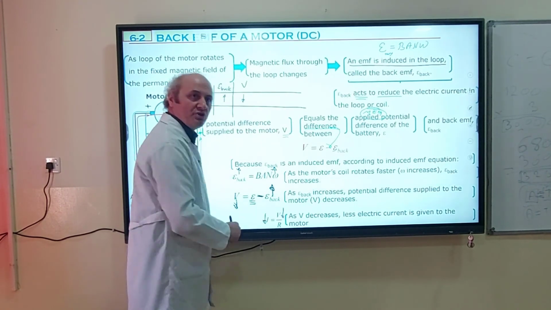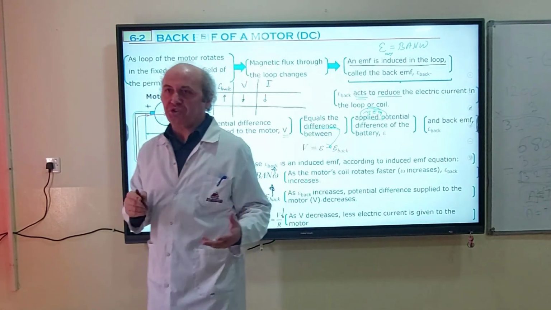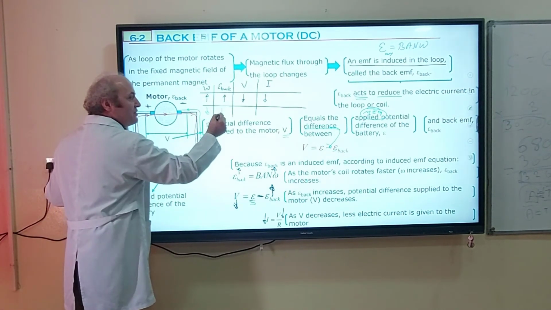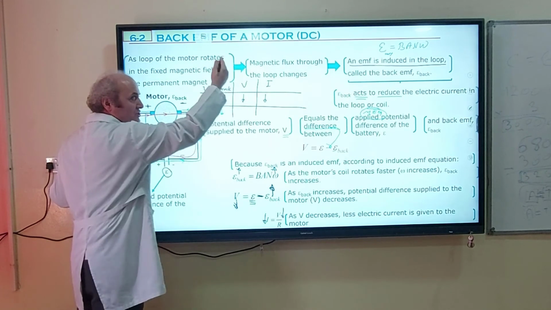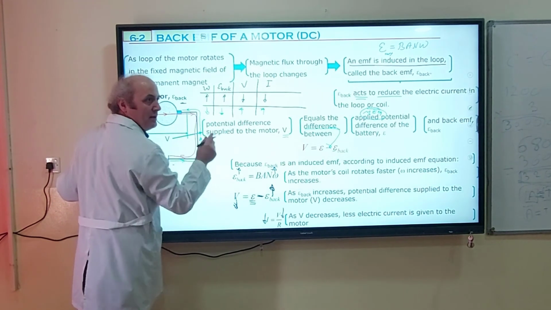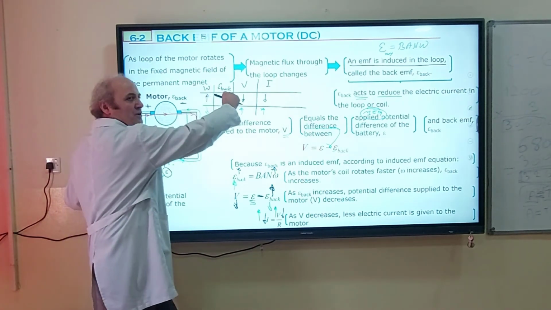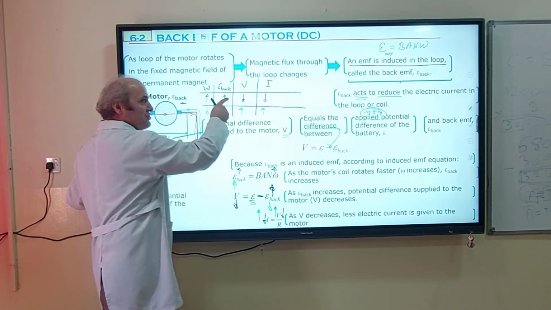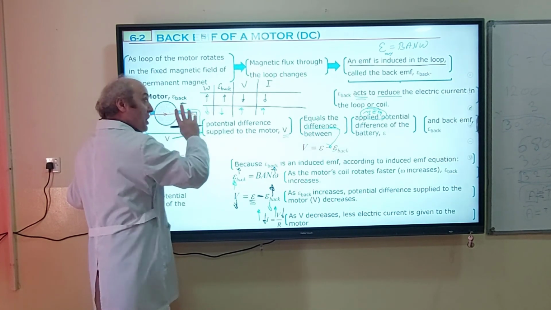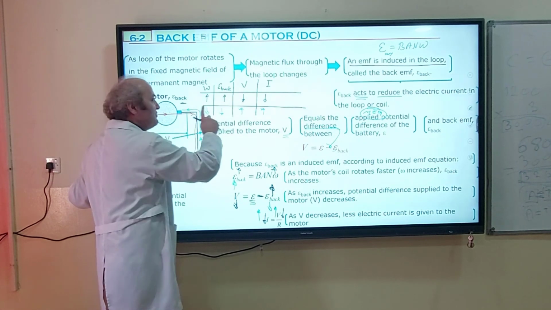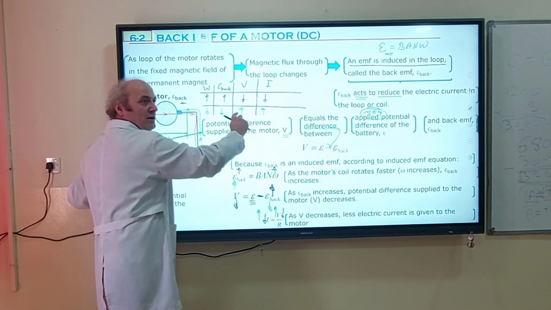It decreases, they are directly proportional. What if omega decreases? If omega decreases, back EMF decreases. If back EMF decreases, V increases. If V increases, I increases. These quantities change together: omega and E back change in one direction, V and I in the other. If these two increase, the other two decrease. If these two decrease, the other two increase.